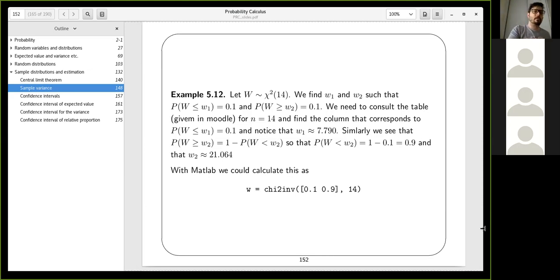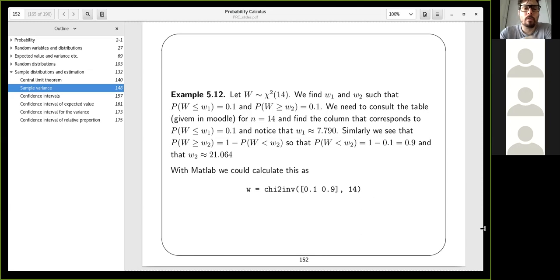And we're looking for these tails, W1 and W2, such that the probability is 0.1 that it's here, 0.1 that it's here.